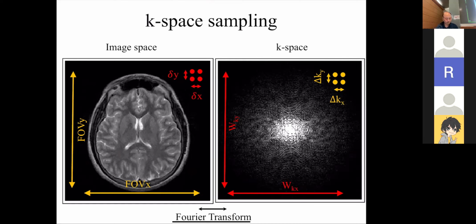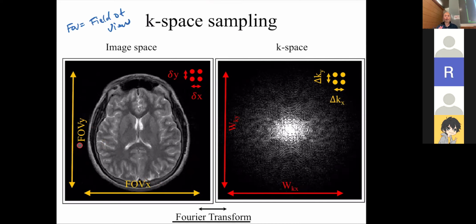Okay. All right. So this is the basics now. K-space sampling. This is where we're going to introduce the idea of FOV, which stands for field of view. We're going to do two-dimensional imaging, so there's field of view in the X direction and field of view in the Y direction.